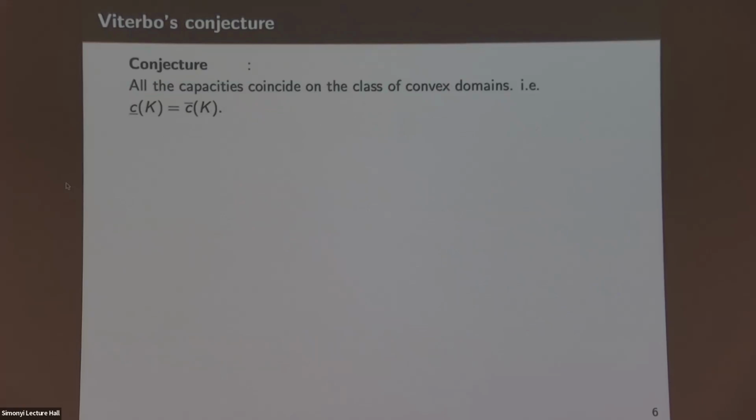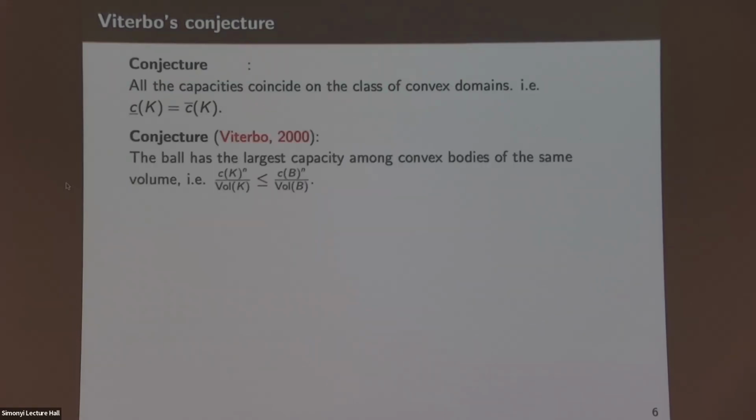Specifically, that the minimal capacity and the largest capacity coincide. I guess the motivation for this was the fact that we know many of them do coincide in this case. A slightly weaker version of this would say that the domain with the largest capacity, when we fix the volume, is the Euclidean ball.